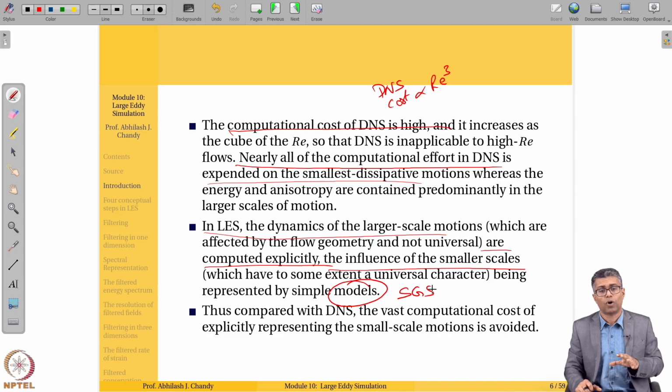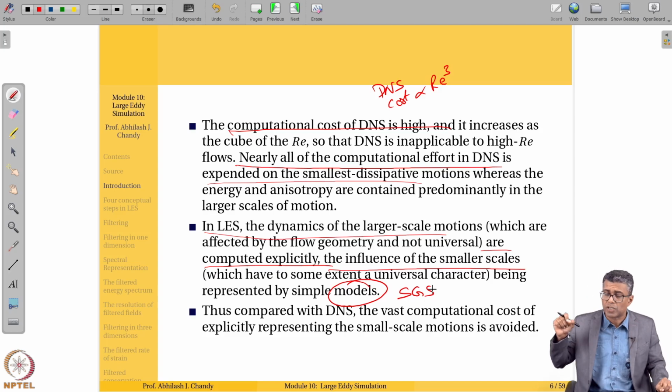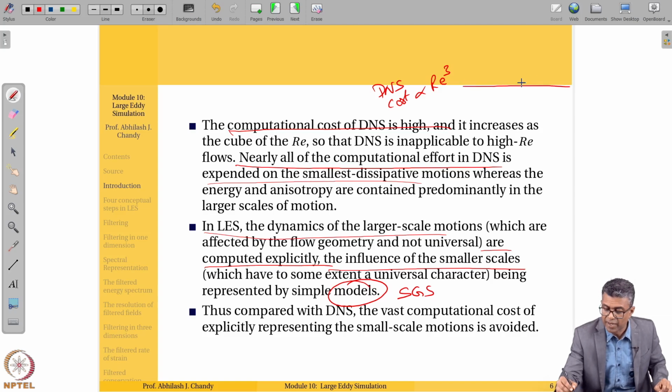So by doing all this, compared with the DNS, the vast computational cost associated with resolving every length scale in DNS down to the smallest turbulent length scale like the Kolmogorov scale, you are avoiding all that. So if I think about the length scale range, I have, say, LEI here, which is the energy demarcation length scale, L0, which is the integral length scale, isn't it? So this is all the energy containing range, ER as we used to call it.